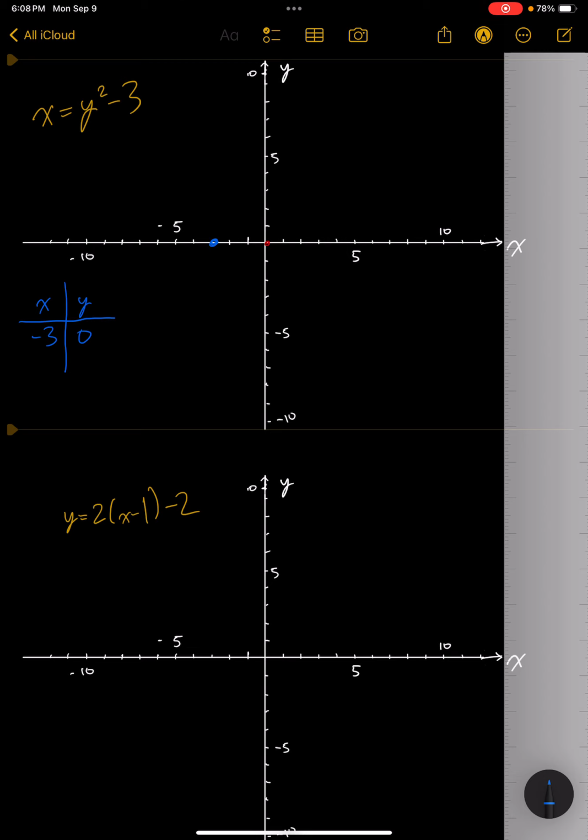Now what happens when I put y at -2? At -2, -2 squared minus 3 is 4 minus 3, equal to 1. So at y equals -2, x equals 1.